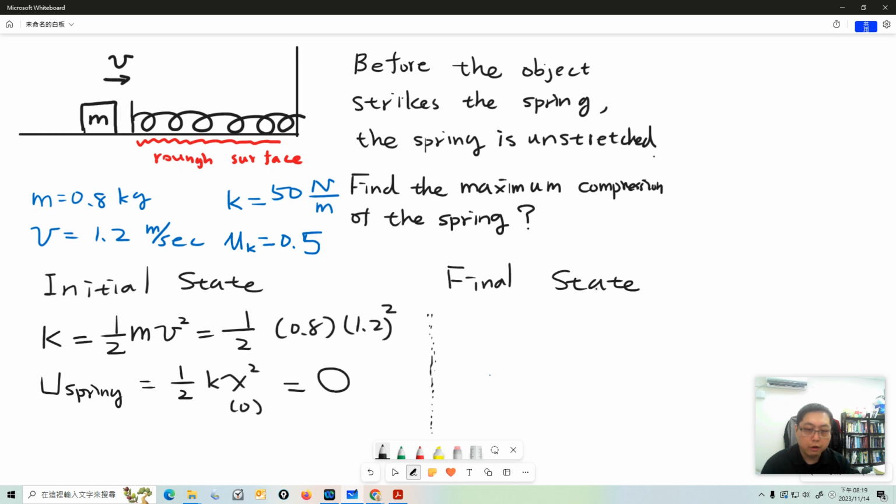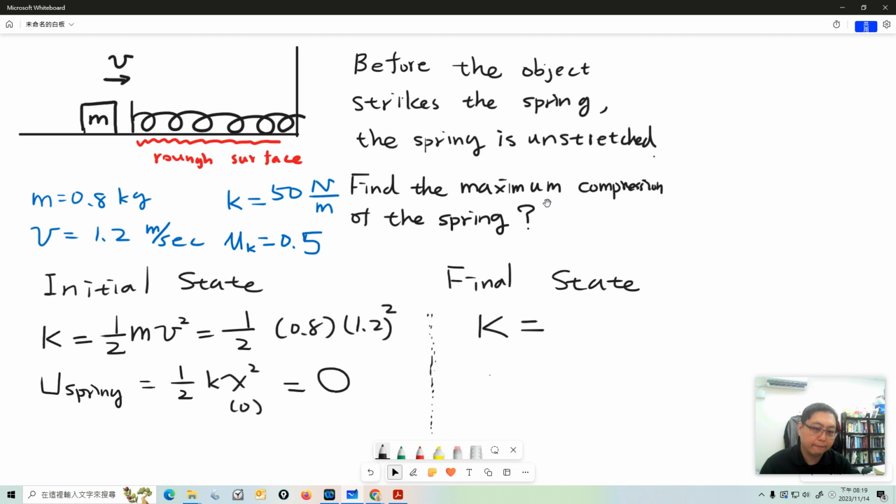And what's the final state? What's the kinetic energy of this system at the final state? Because we want to find the maximum compression of the spring, at what condition will the system reach the maximum compression?